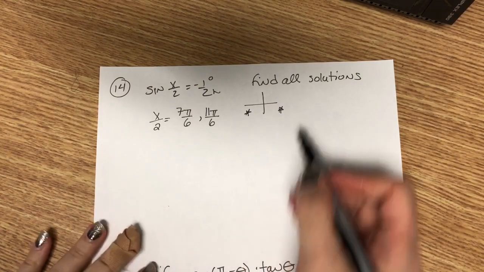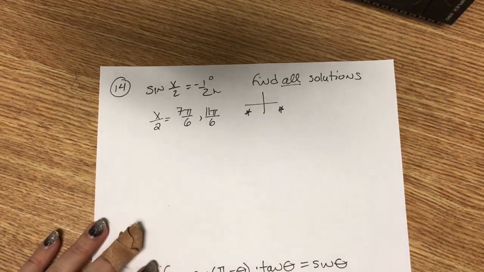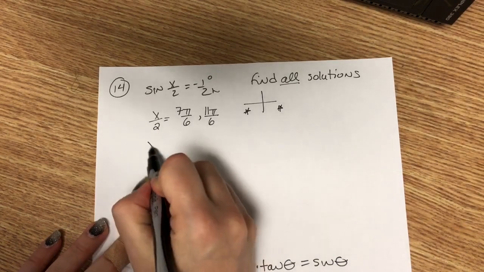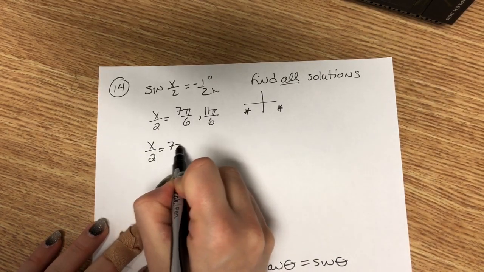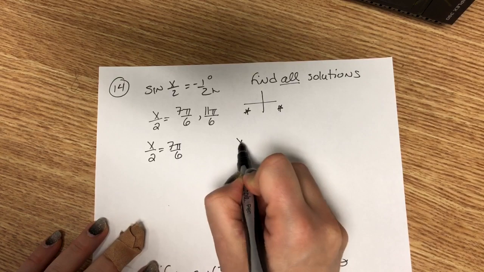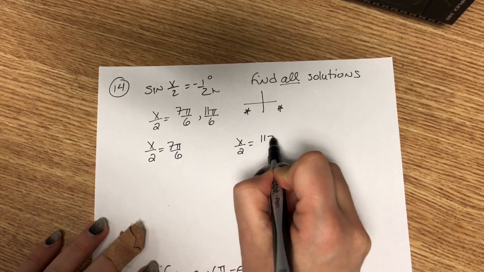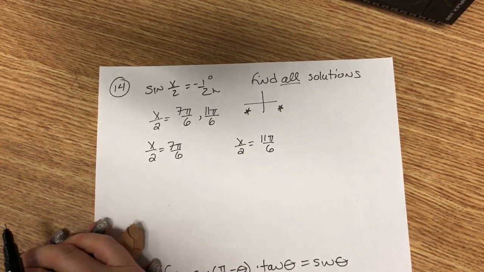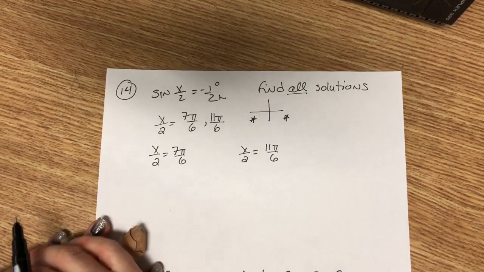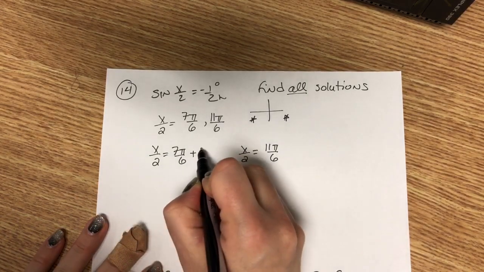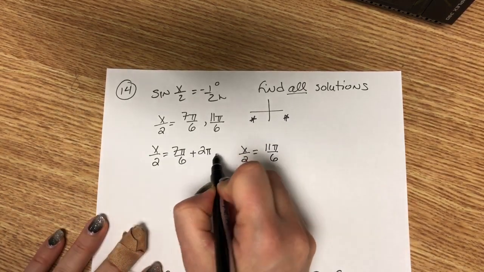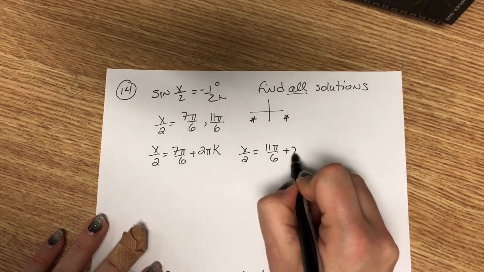Okay, this says all solutions. It did not give us any restrictions for the angle. So what we have to do is consider all angles. Each of these angles, we can add a rotation as many times as we want.